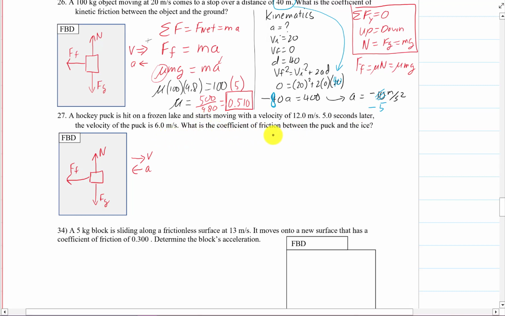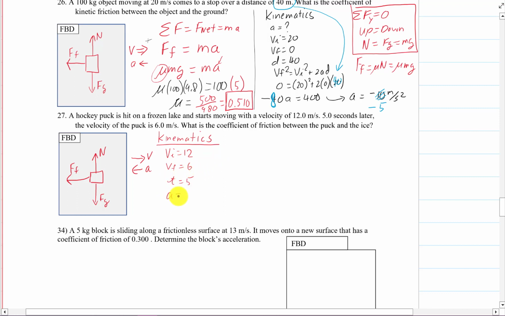Okay, let's do the kinematics first. Last time I did the kinematics second. I'll do the kinematics here because I know I'm going to use F equals ma, and I'll need a. So it's going from 12 to 6 in 5 seconds. So the initial speed is 12, the final speed here is 6, and the time here is 5 seconds.